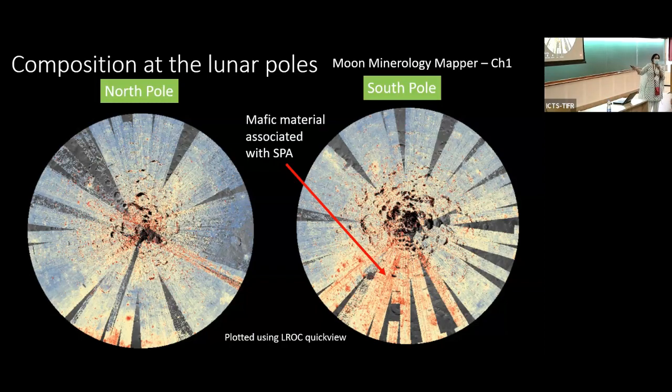So basically what you see is that you cannot just extrapolate composition from other areas to talk about the poles. You do have to look at it specifically in the geological context, and modeling is not really sufficient to understand the composition here.